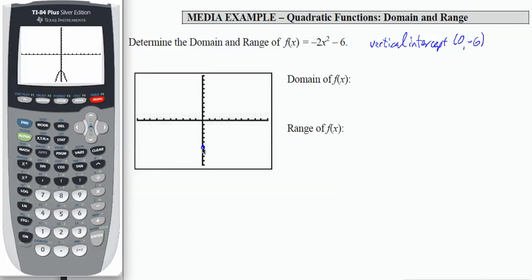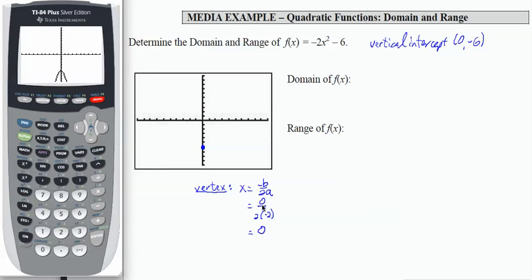I have a hunch that that's also going to equal the vertex, but I'm not positive, so I'm going to go ahead and check. So for the vertex, I need to look at the input, which is x equals negative b over 2a. In this case, there is no x term, so b is 0, over 2 times negative 2, and that's just going to give me 0.